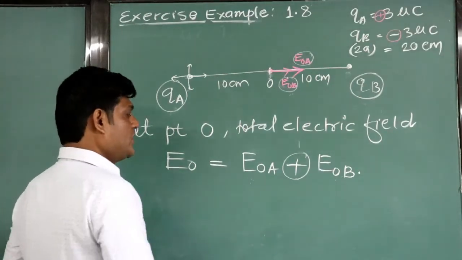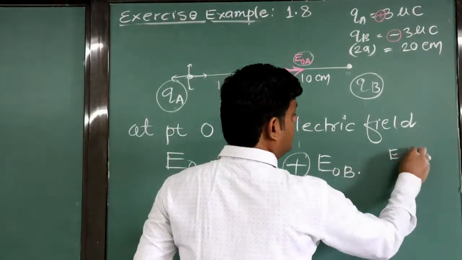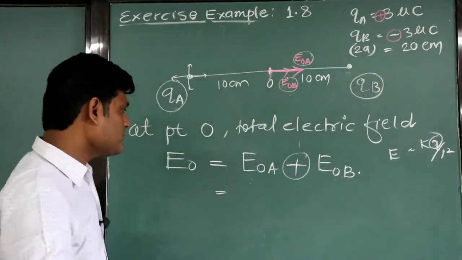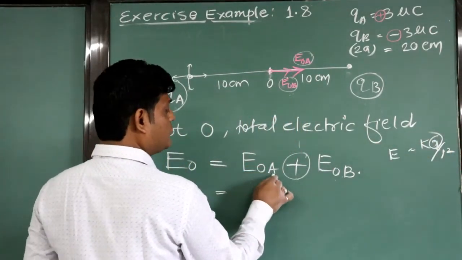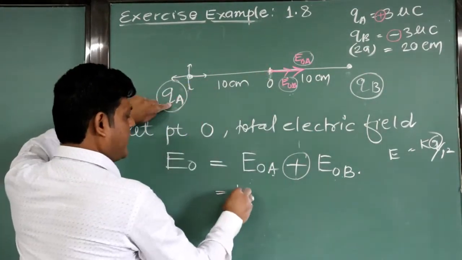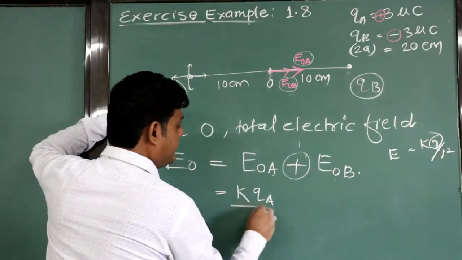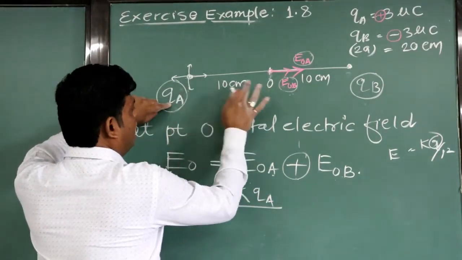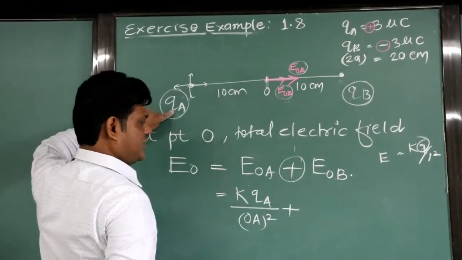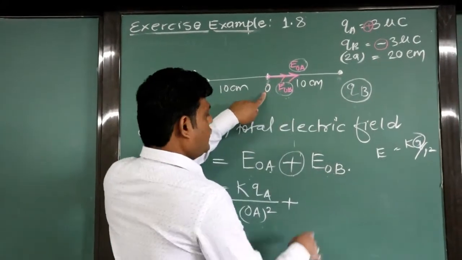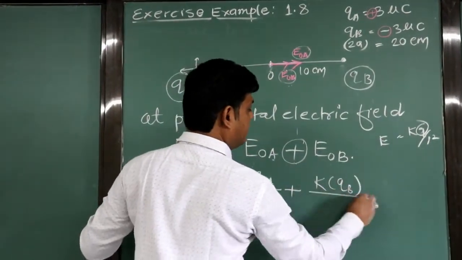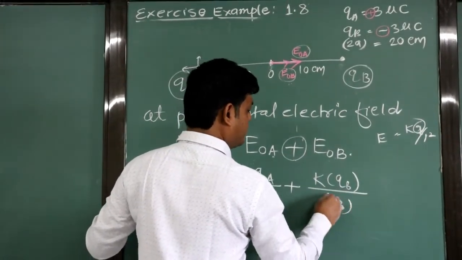Correct? We know the general formula for electric field, E equals KQ divided by R square, where Q is the source charge. So the electric field at point O due to A is KQA divided by OA square, plus the electric field at point O due to the B charge, that is KQB divided by OB square.